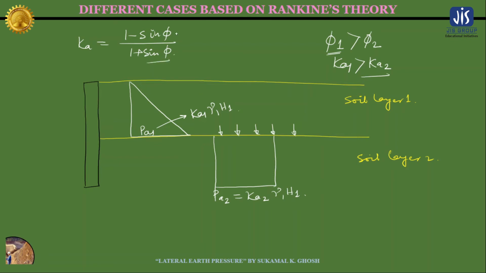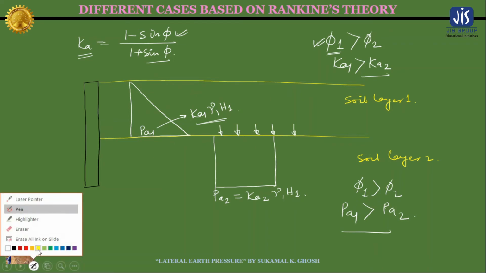So if the value of phi is higher, then the coefficient of active earth pressure will be higher. So if phi 1 is greater than phi 2, then Pa1 will be greater than Pa2, and the pressure distribution diagram will be like this.